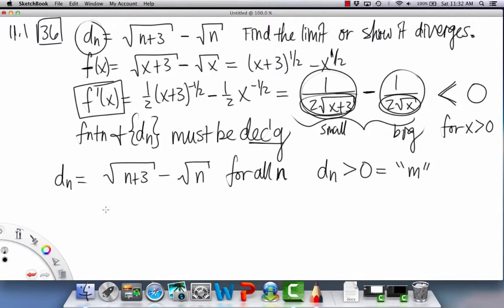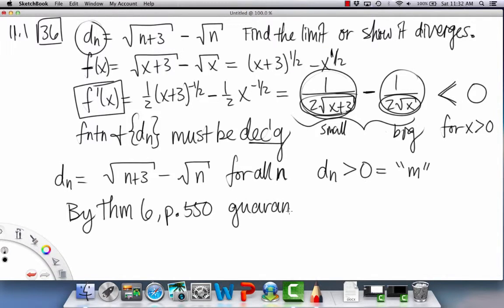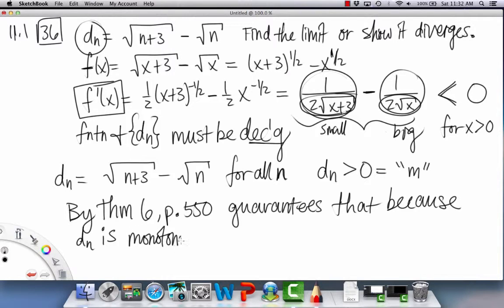So because of this, by theorem 6, which I looked up, on page 550. You can look at it because I don't want to write the whole thing out. It guarantees that because d sub n is monotonic decreasing, right?